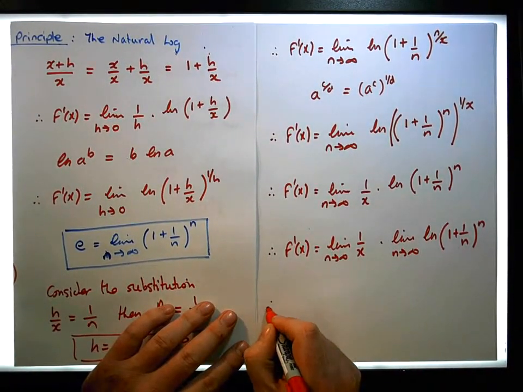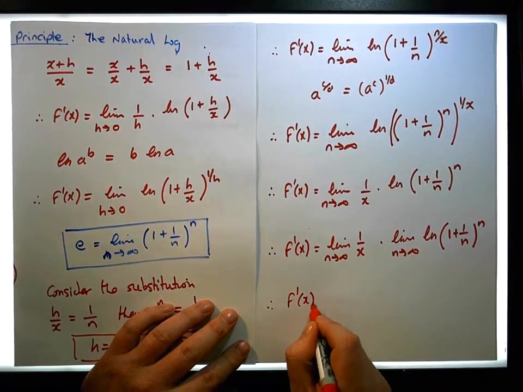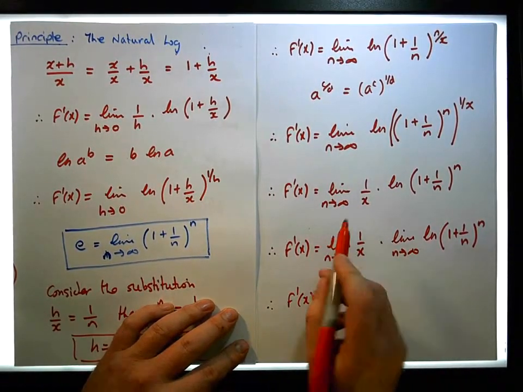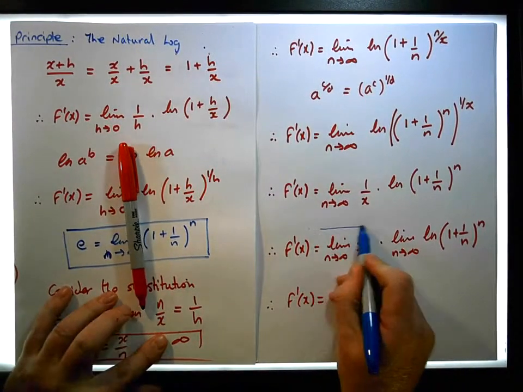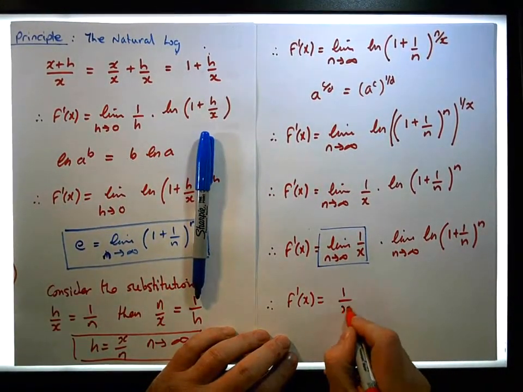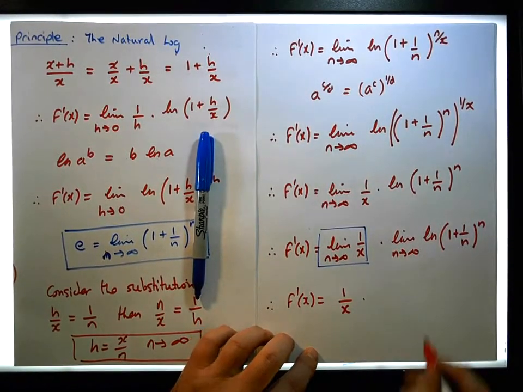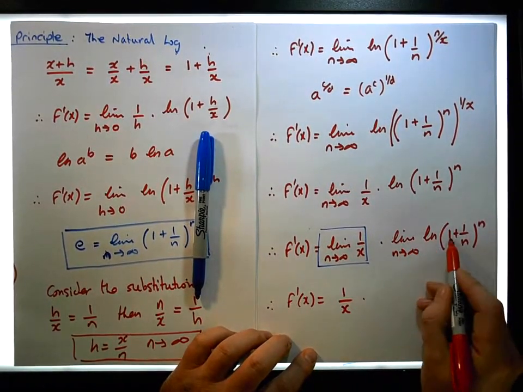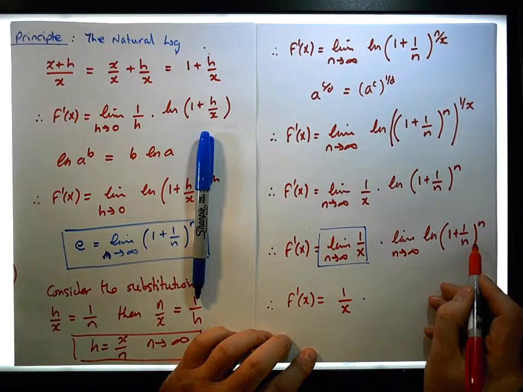So f prime of x is equal to 1 over x times the limit of the natural log of 1 plus 1 over n to the n.